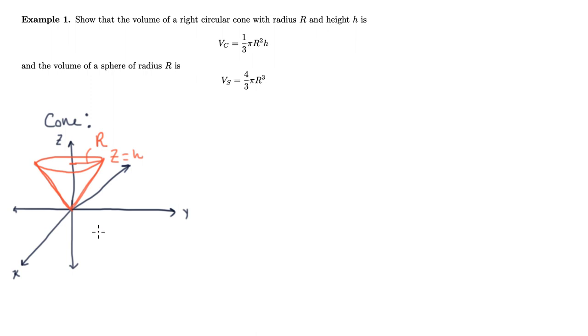Okay, so I'm going to use cylindrical coordinates to compute the volume of this cone. Because if you see, this z coordinate is going, for a fixed x and y, really in a circle, from this bottom surface all the way up to this plane z equals h. So our first thing to do is just to figure out what this bottom surface is, what this bottom cone is.